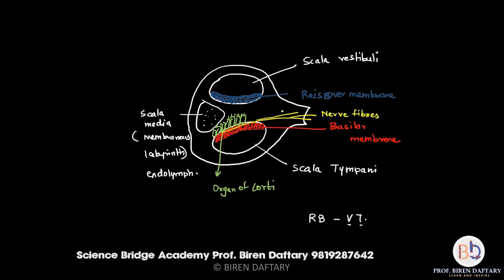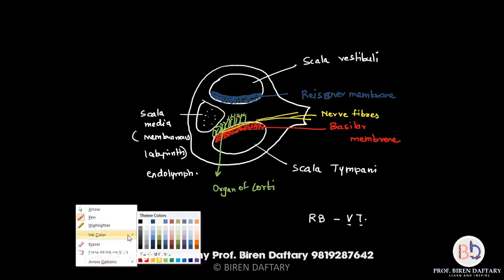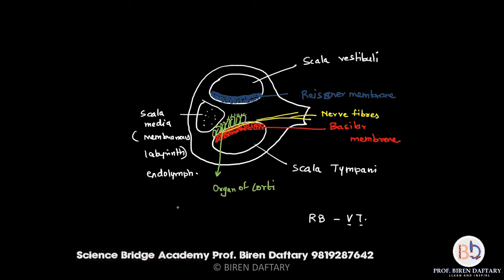Clear? And now above the organ of Corti is present another membrane, which is called the tectorial membrane. So I am drawing it here with the help of this maroon color. This is called the tectorial membrane.